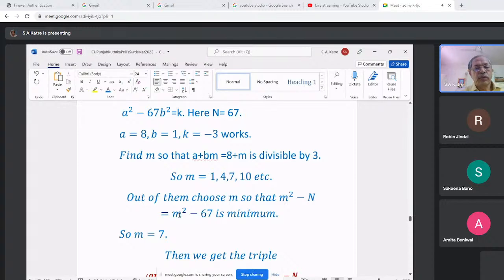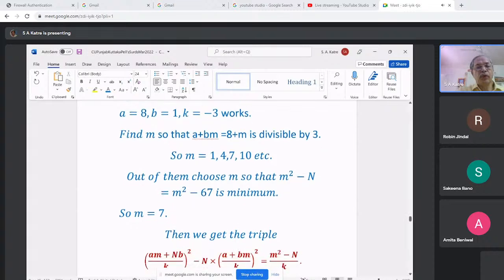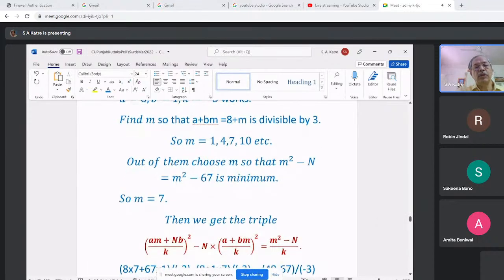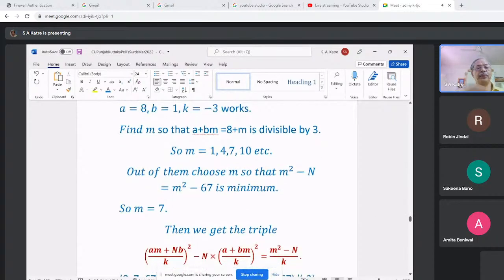Because if I put m equal to 8, then 8 square 64 minus 67 is minus 3. So you could get a solution with minus 3, which is already there. So instead of that solution, we take m equal to 7.